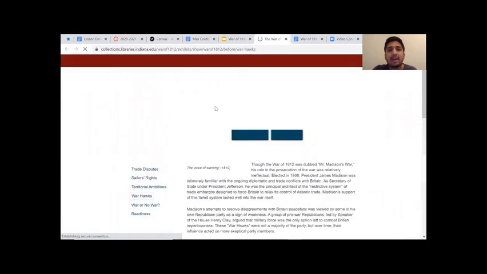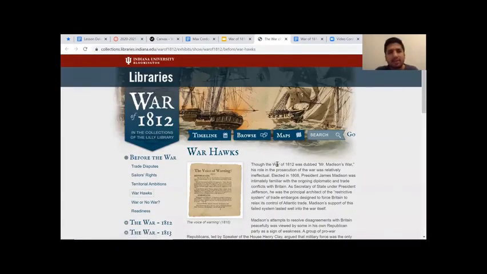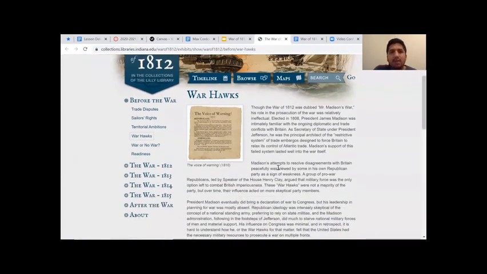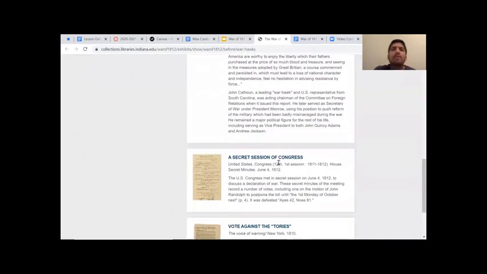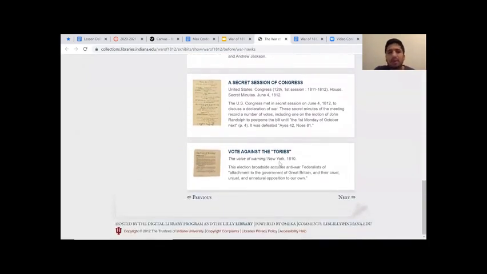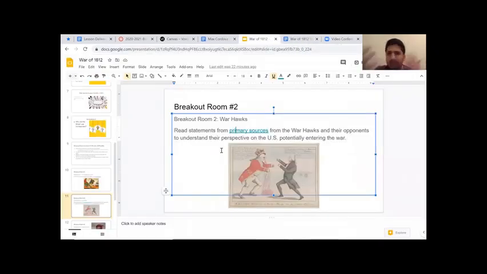But here we'll see a few other things, such as in the library of Indiana University. They will look into primary documents, read quotes from influential Congress members and political people, and they would just discuss it amongst one another, yes or no, yay or nay.